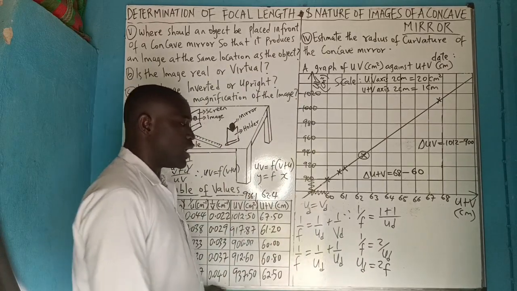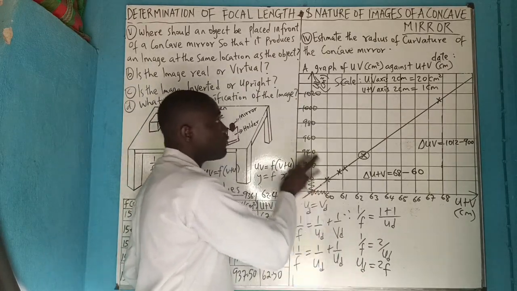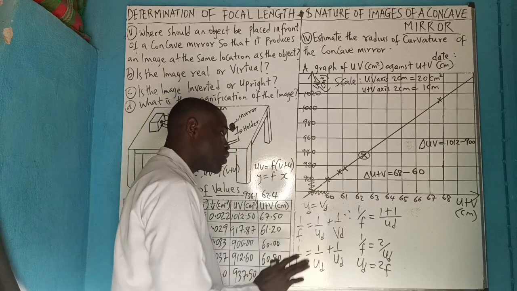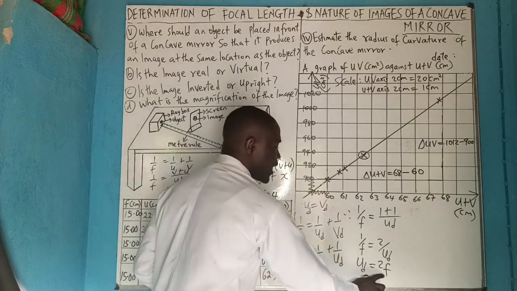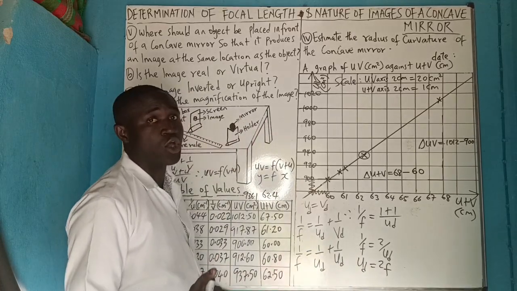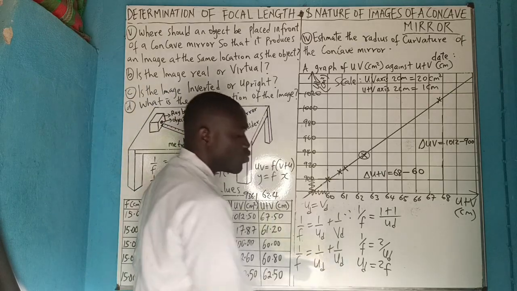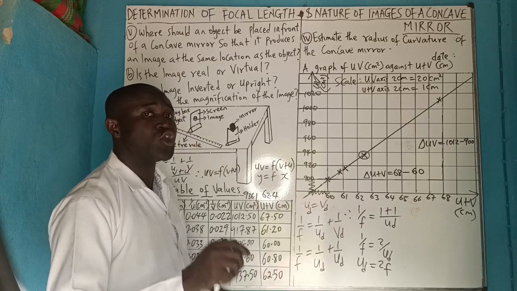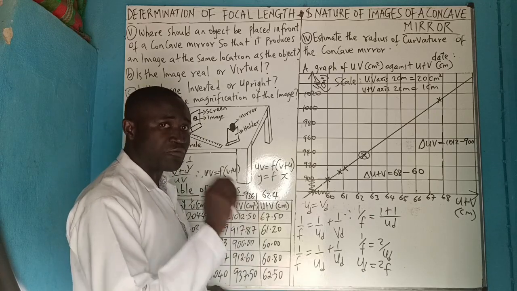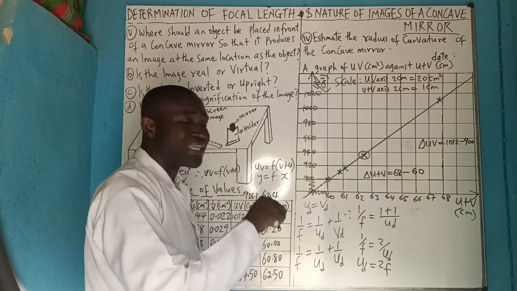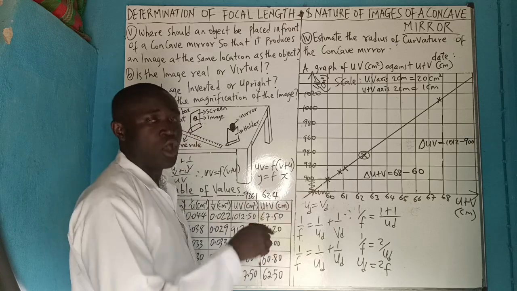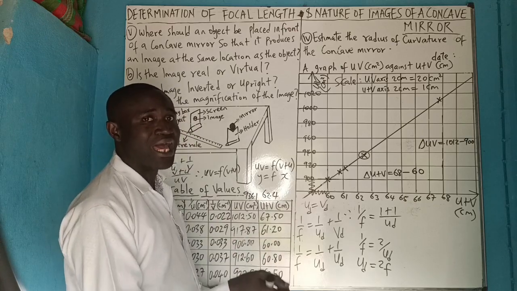Now, in problems of light or problems of mirrors, we noted that 2 times focal length is called radius of curvature. That means ud, which is the object distance, should be located at the radius of curvature for it to give you the same size as the what? The object, or the same distance as the object.